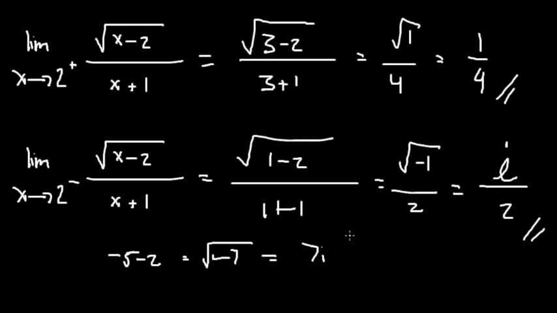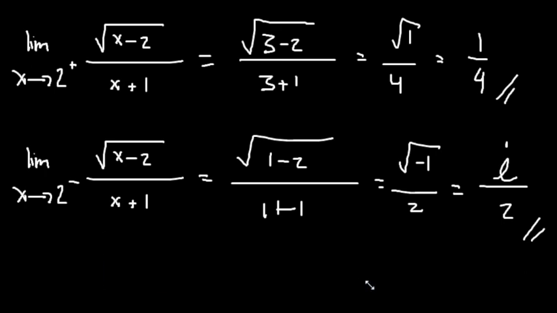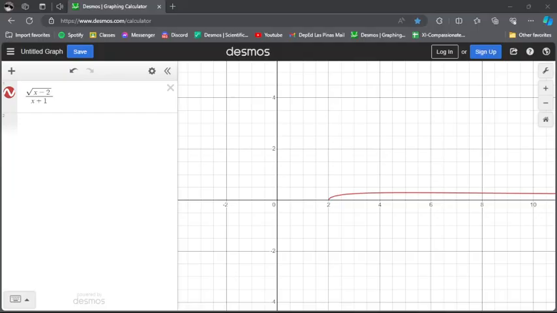Even with this concept, it is still an imaginary number, meaning it is a complex number that is mostly agreed upon to not exist. So we can see that any values to the left of 2 for this function will not exist because the numerator will yield an imaginary number.